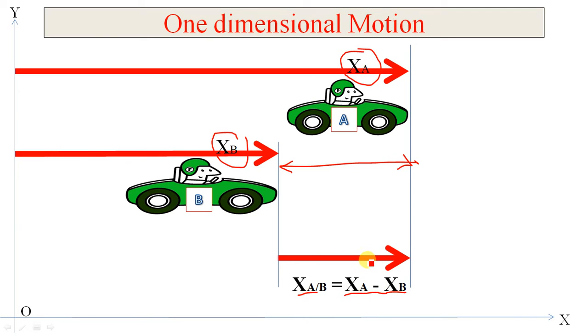This is known as a one dimensional relative position. Are you understanding this? Very simple. Here the position is with respect to B, therefore it is known as a relative position.